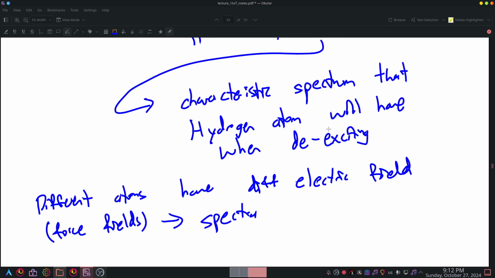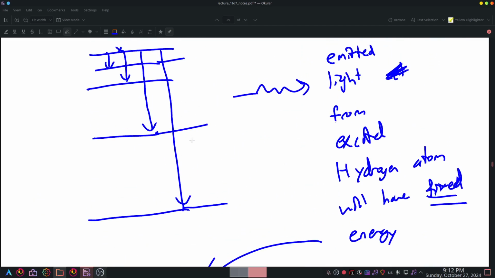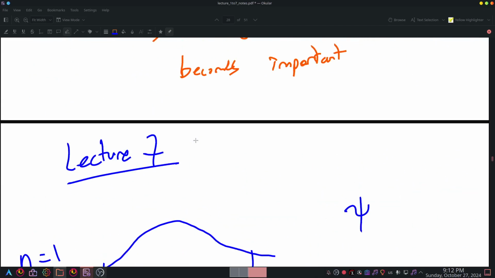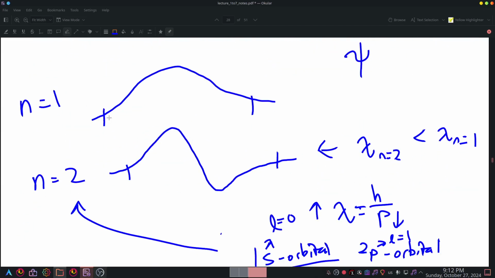Before you even talk about spectra, because of your different electric field, your energy levels will be different. Remember, we usually determine these energy levels by how we restrict the movement of the waves. The way we restrict the movement of the waves will determine what wavelength is allowable.